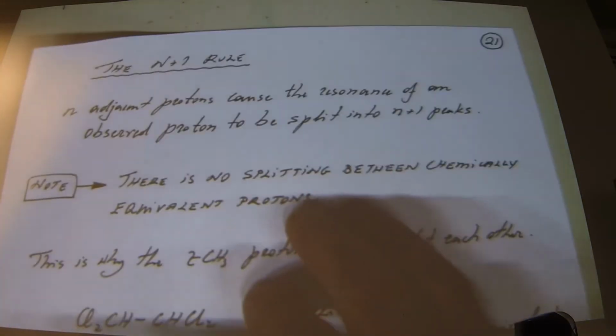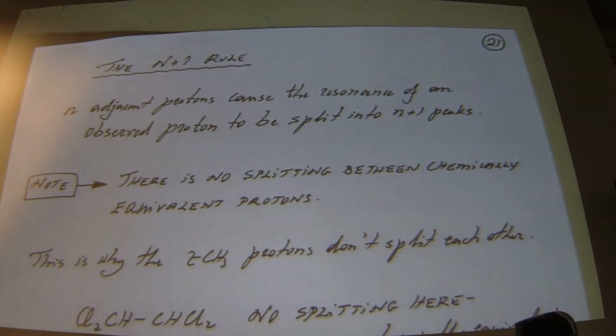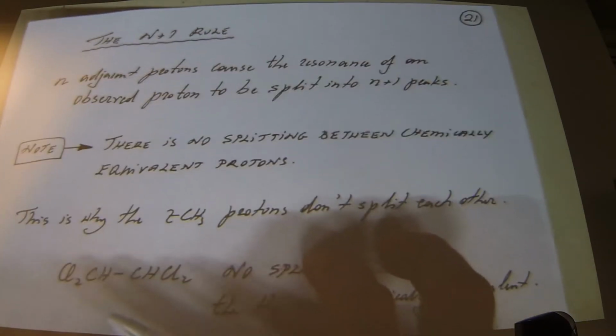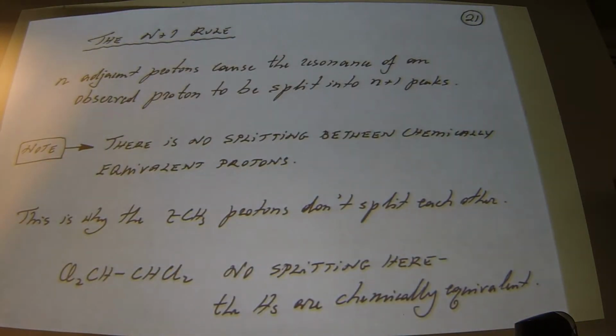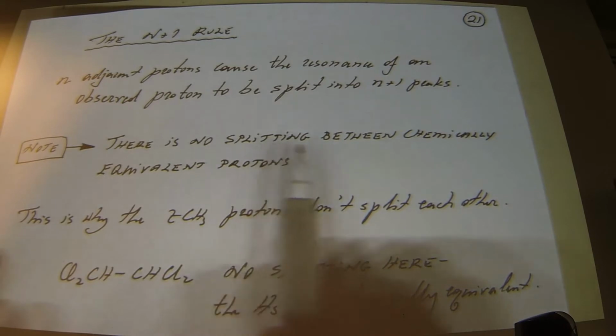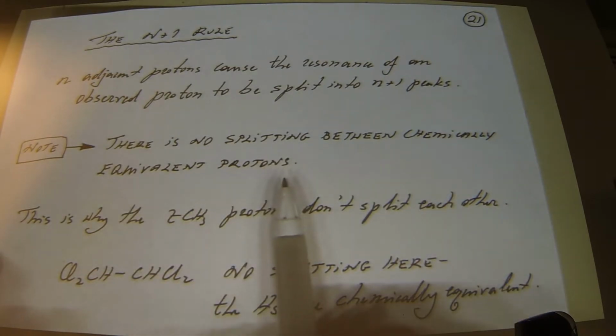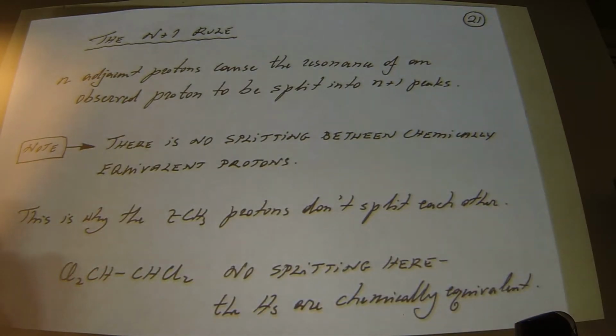Now the N+1 rule, let's go over that again, right? And then let's figure out where it came from. So right now I know it's the N+1 rule because I said so. But actually that's not a good enough reason, so we're going to see why. Now first of all, you have to notice that there's no splitting between chemically equivalent protons, and we already said that. So the CH3 protons don't split each other, the CH2 protons don't split each other because why?